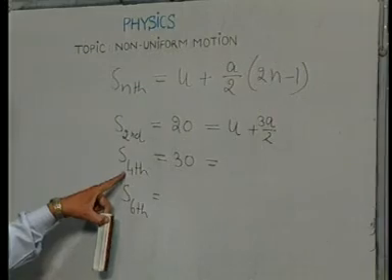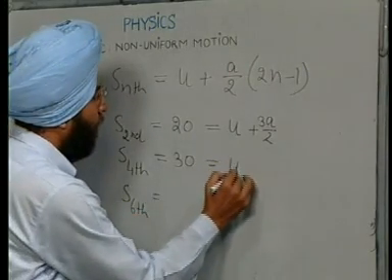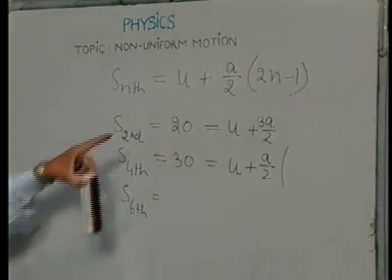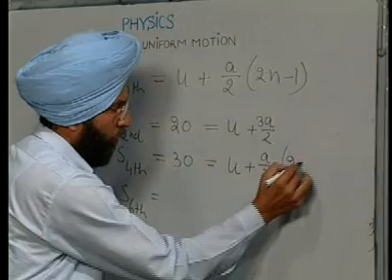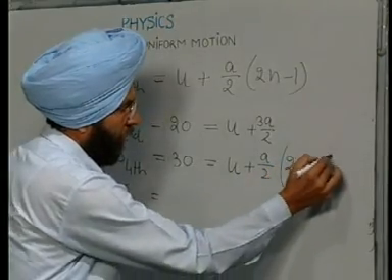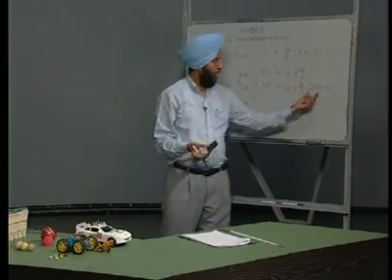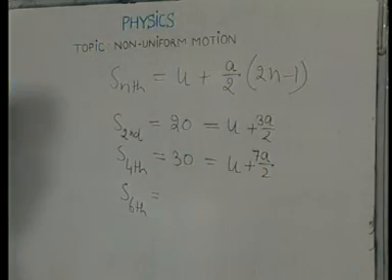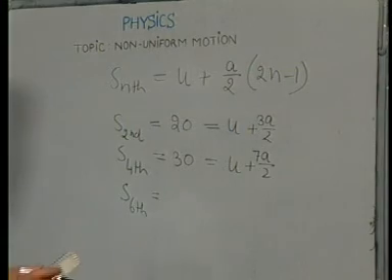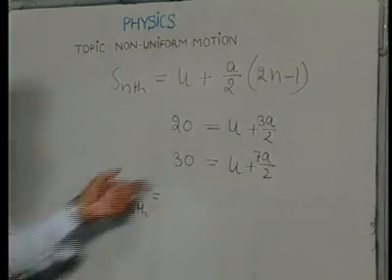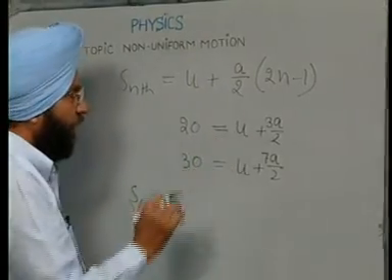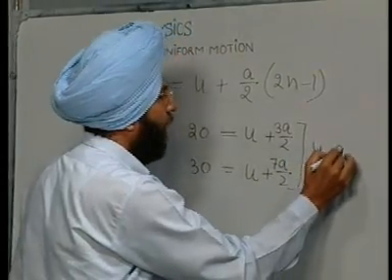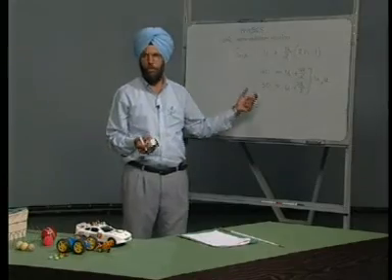Here n is equal to 4. So, u plus a by 2 into 2 into 4 minus 1. So, this is 8 minus 1, 7 a by 2. So, from this we have two equations and two variables, u and a, so we can find the values of u and a.